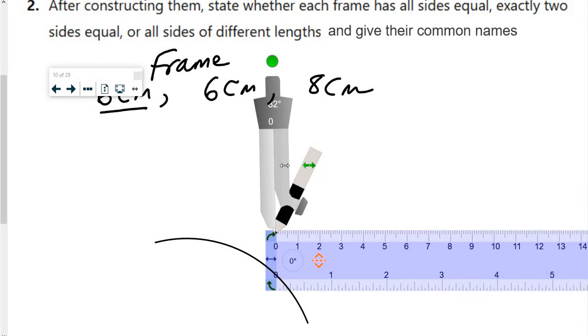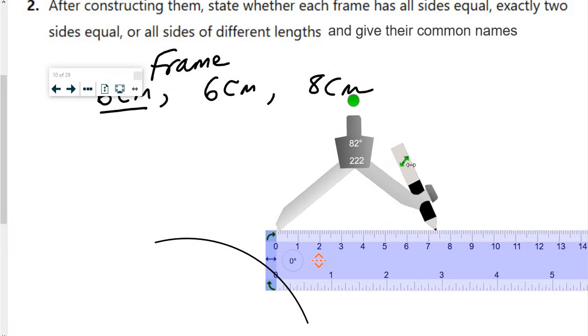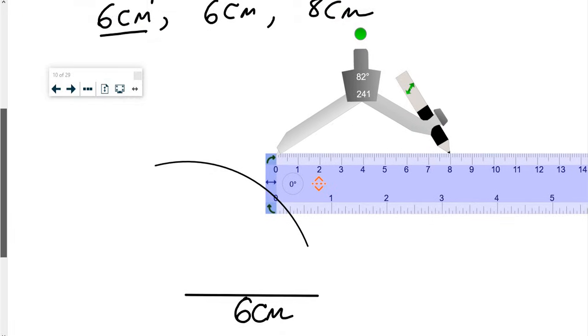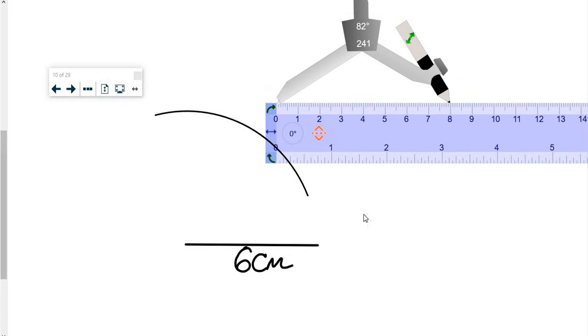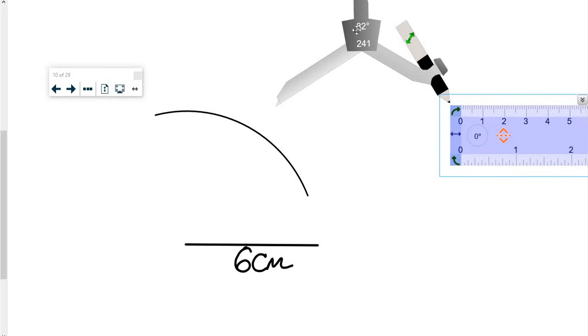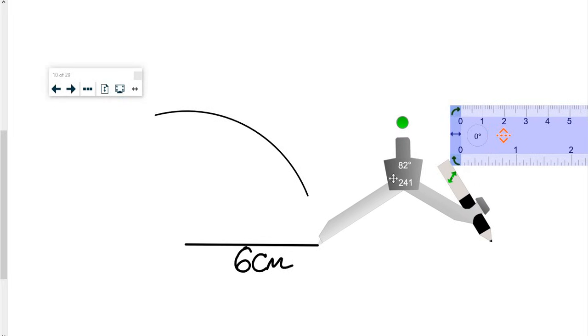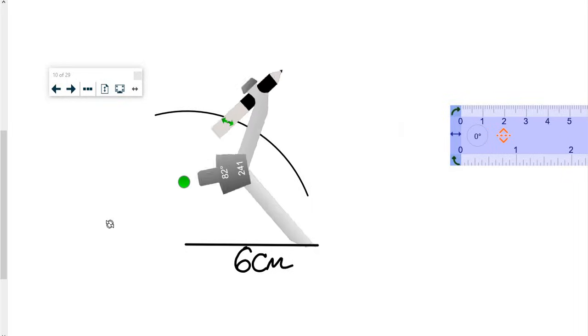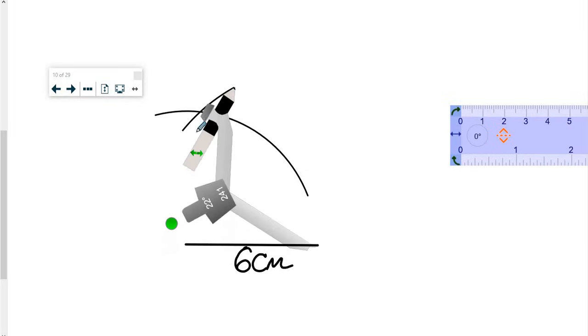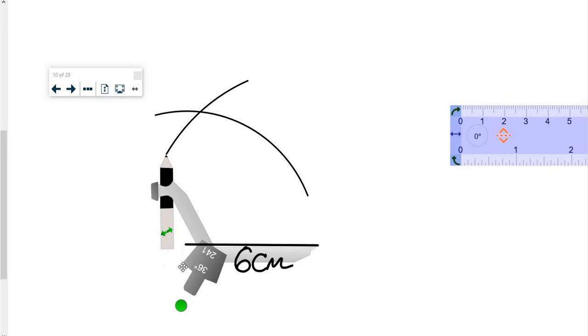Alright, so open to a radius of 8 all the way until here. Now this time around we are going to remove the scale, put the needle here, turn your compass so that you can draw an arc cutting this previous arc. Can you see that? Hope you can see that.